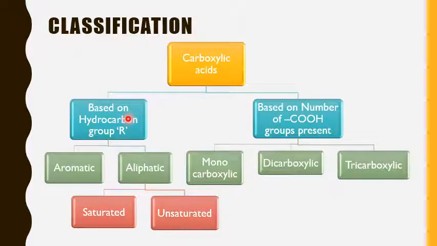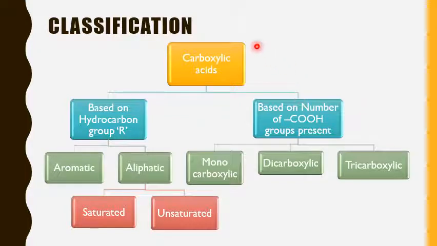One is based on the hydrocarbon group. You remember the general name of carboxylic acid is given by RCOOH, where R is the hydrocarbon group. And the next one is based on the number of COOH groups present in the molecule.